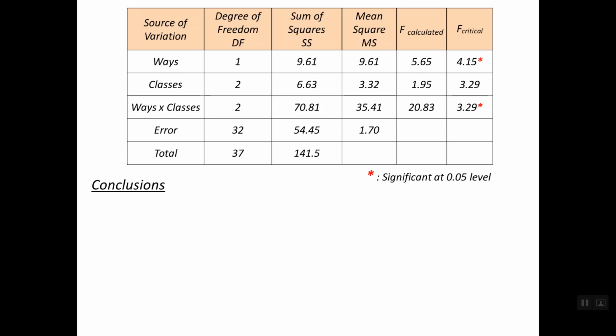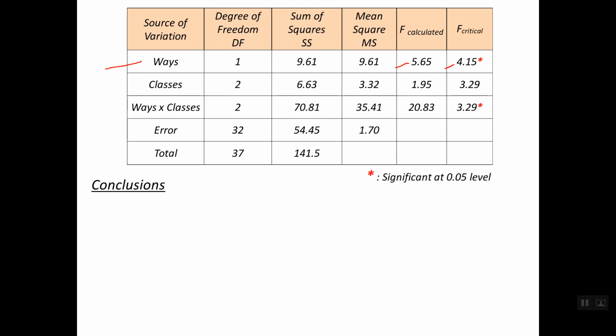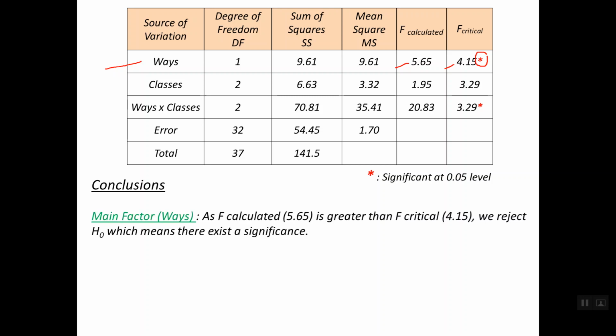Regarding the first factor, which is the ways, the calculated value is 5.65 and it is greater than the critical one, so we have a significance here. For the first main factor, the ways, the calculated value of F is greater than the critical, which is 4.15.